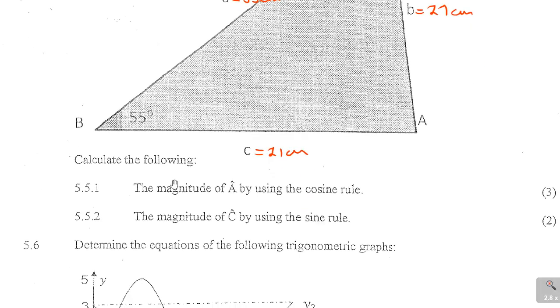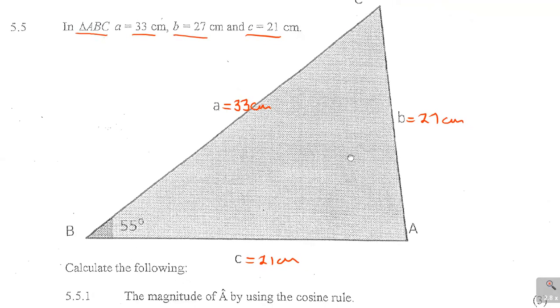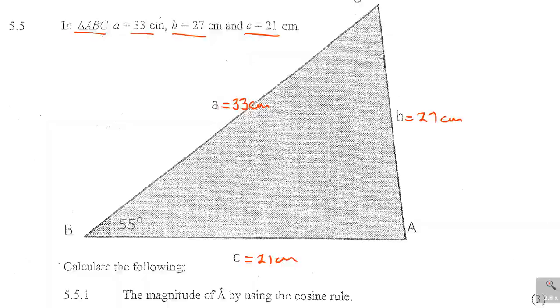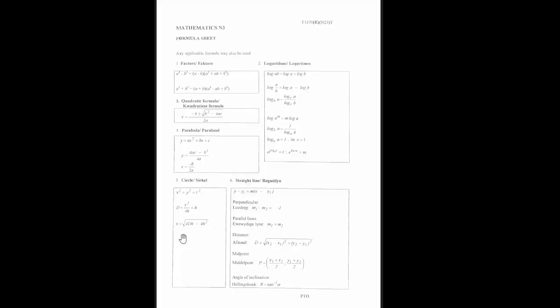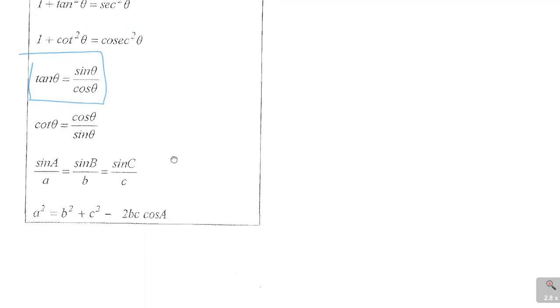And then here they say calculate the magnitude of A by using the cosine rule. This is 3 marks. If you come to your formulas, you have the cosine rule under trig, and this is the cosine rule.